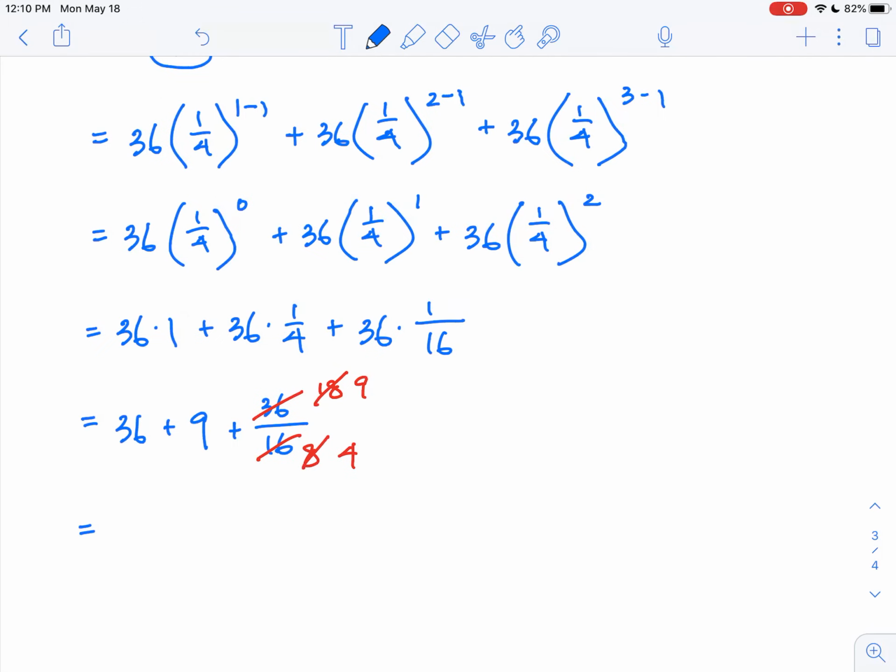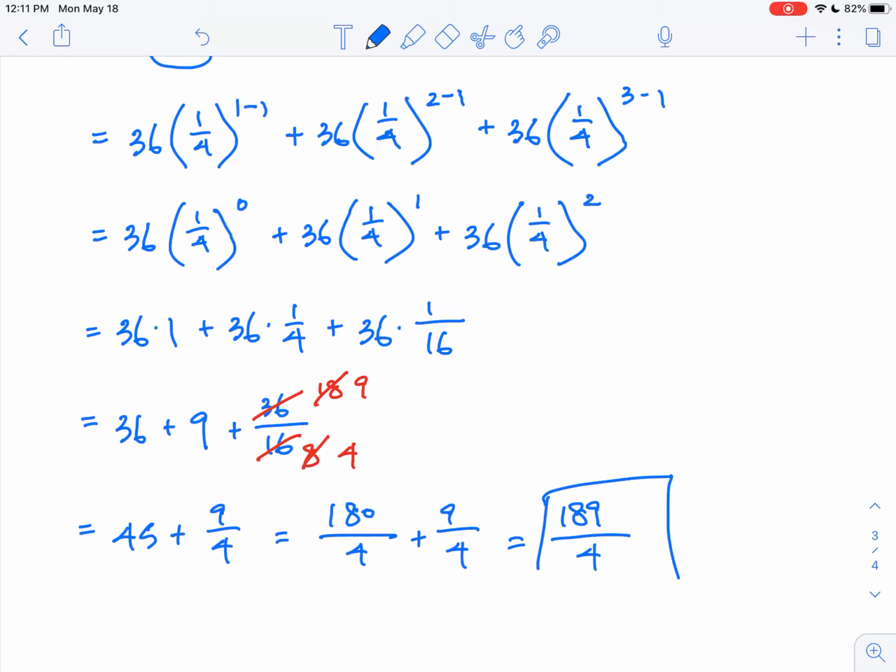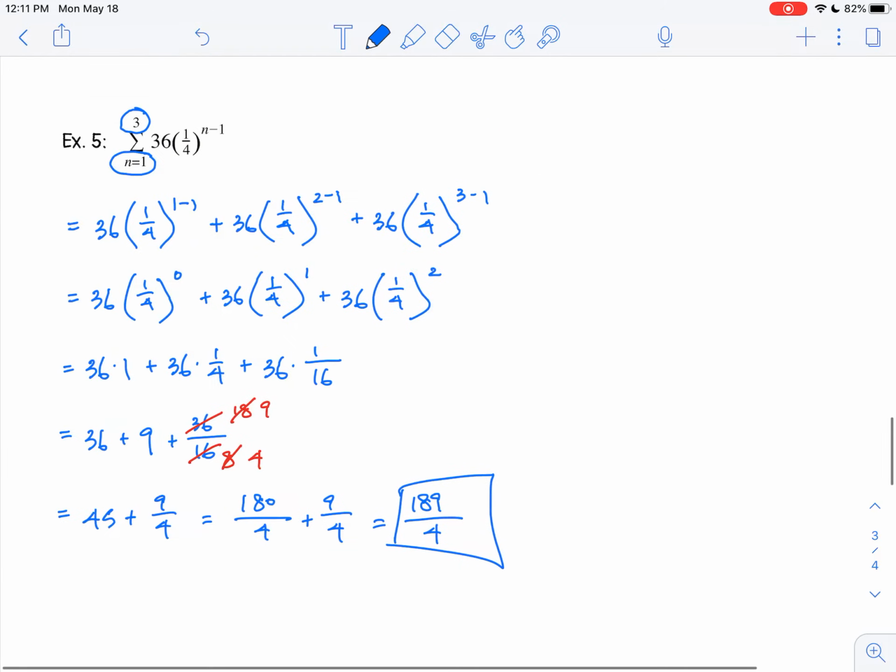So 36 plus 9 is going to give me 45 plus 9/4. And so I can convert this to a fraction with a common denominator of 4. And so that will give me 180 over 4 plus 9 over 4, which gives me 189 over 4. And so that would be my final answer.